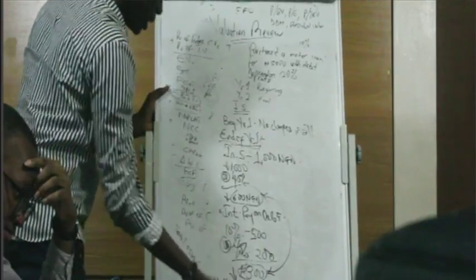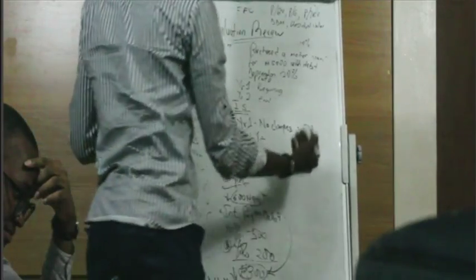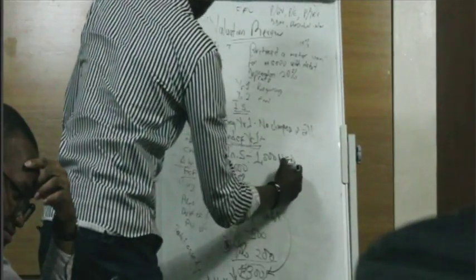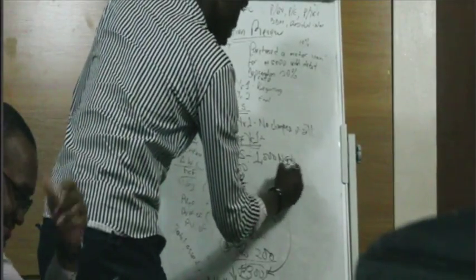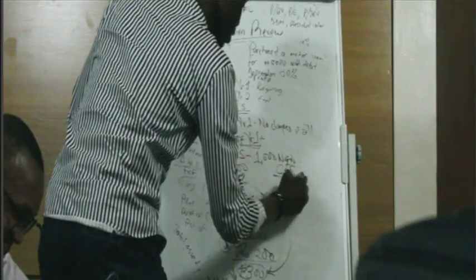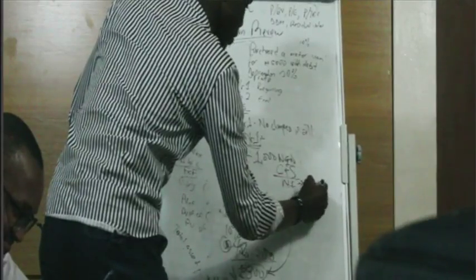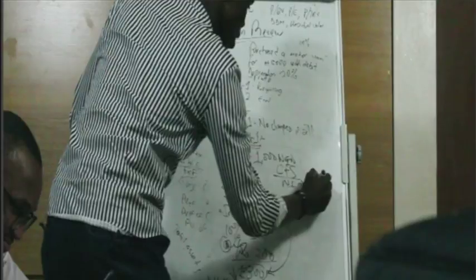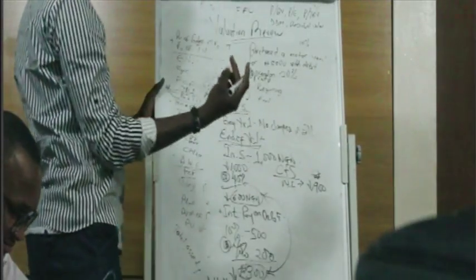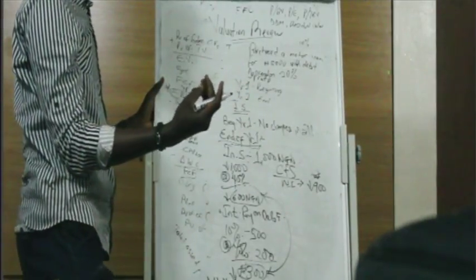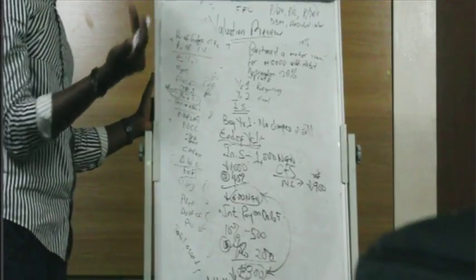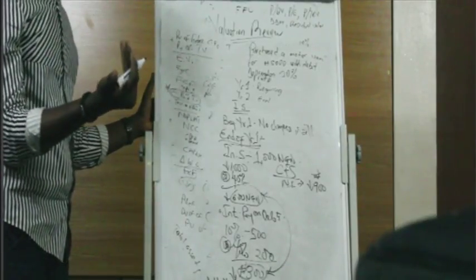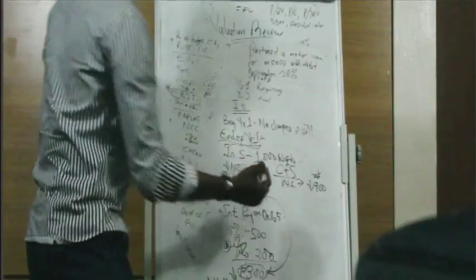Right? So taking this straight to the cash flow statement, our net income at the top is down by 900 naira. Okay? We're going to add back the depreciation automatically.